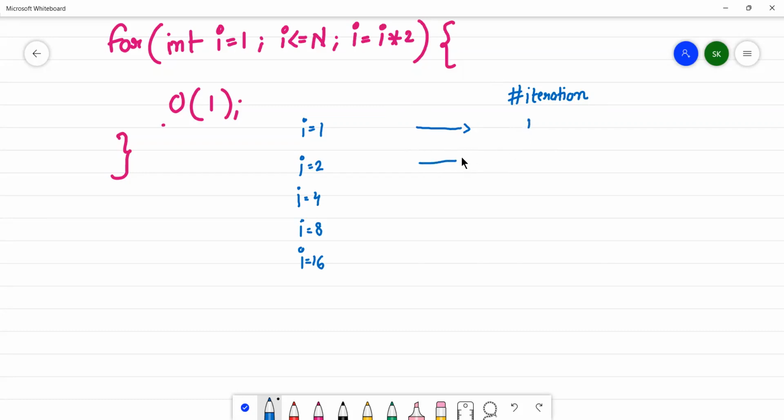When your I was equal to 2, how many iterations have happened? 2. When your I was equal to 4, how many total iterations have happened? 3. Similarly, 4 and 5. Everyone, are you able to get this?